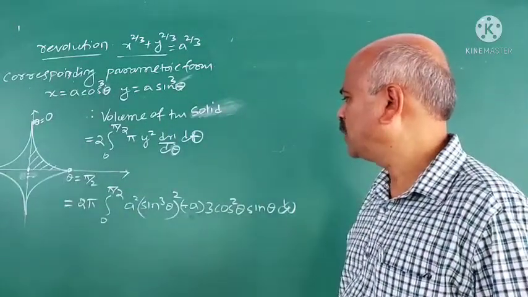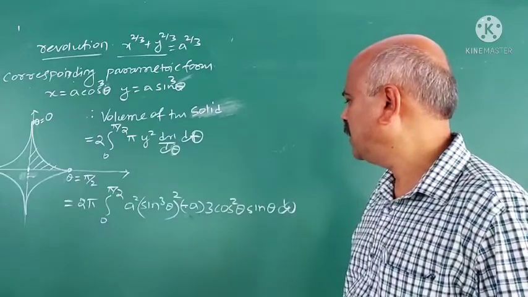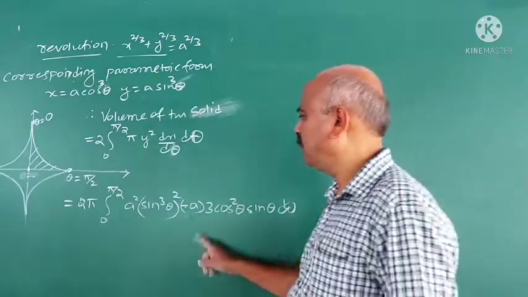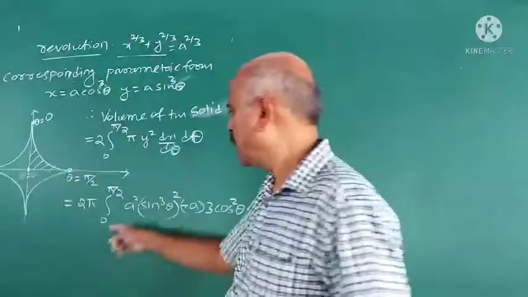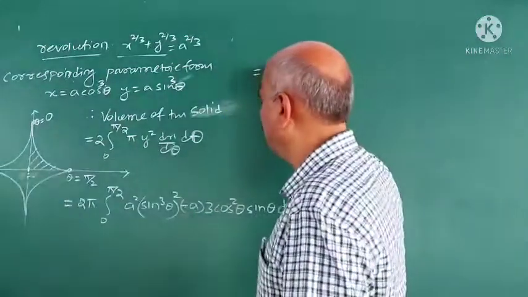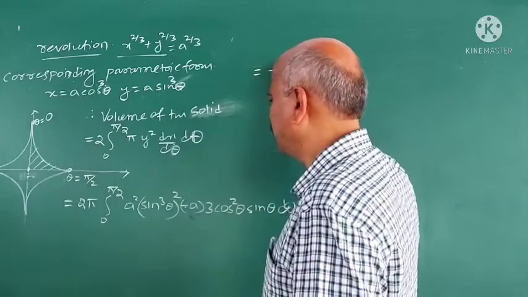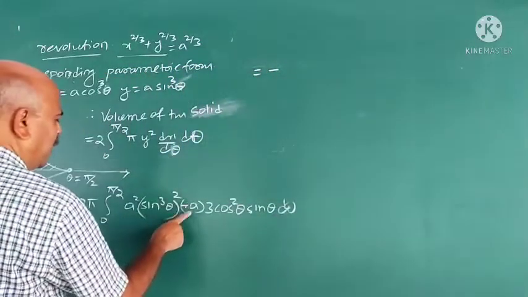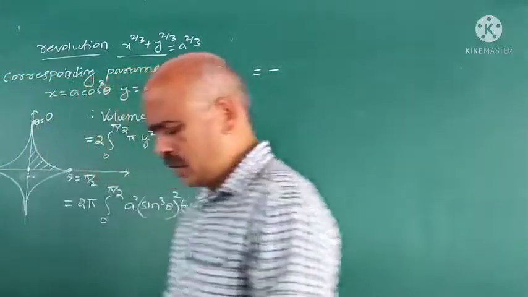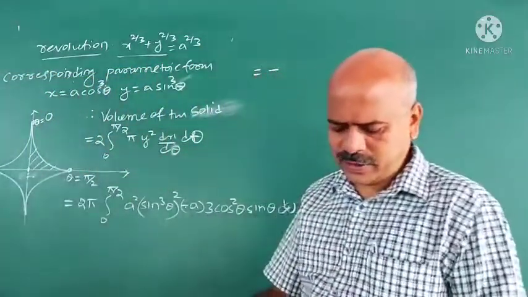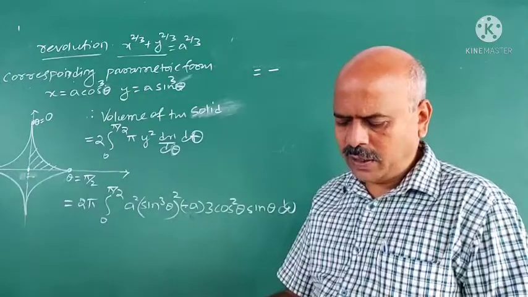a square sin cube theta square minus a cos square theta into sin theta. Now continue this. It is minus, how to simplify, 2 pi a square, a is again there, and I get minus sign here. Let me verify.